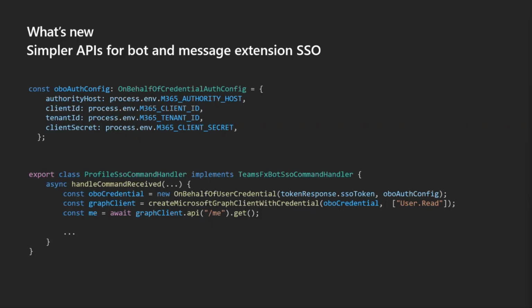So the important thing here is you basically have the credential, then we have some methods to help you get an authenticated Graph client using that, and then you can go ahead and call Graph the way you normally would with the Graph client and do whatever your scopes allow you to do. So that helps make that a little easier, hopefully.